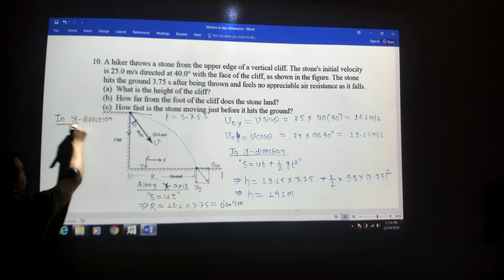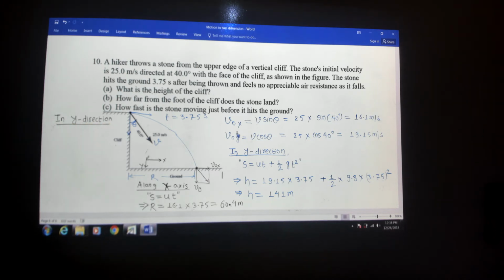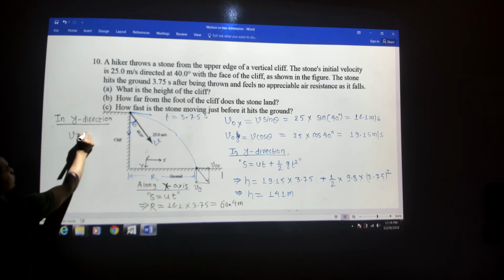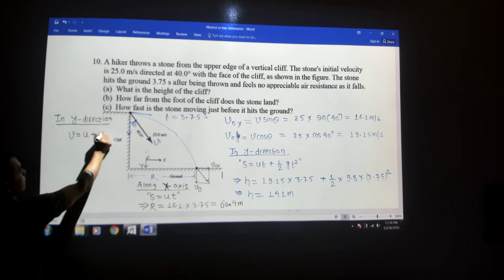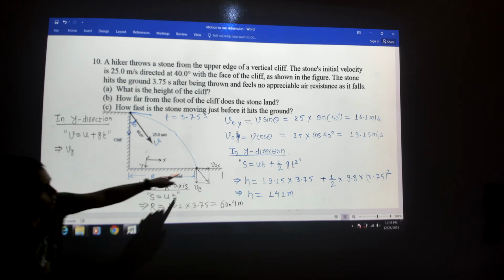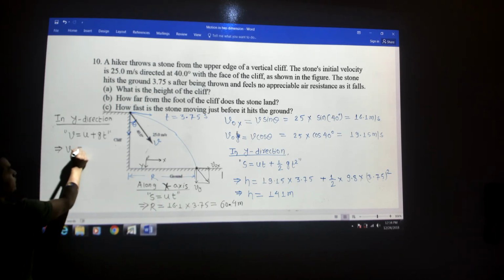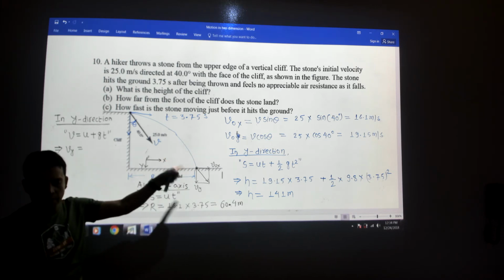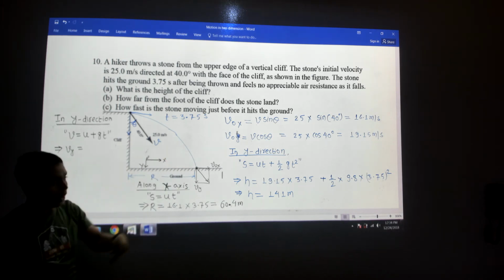Okay, along the y direction, what I'm going to use is v is equal to u plus g times t. My goal is to find this velocity, the vertical velocity vy, when it hits the ground. What is the initial velocity? When I say the initial velocity, this means the initial velocity along the y direction.